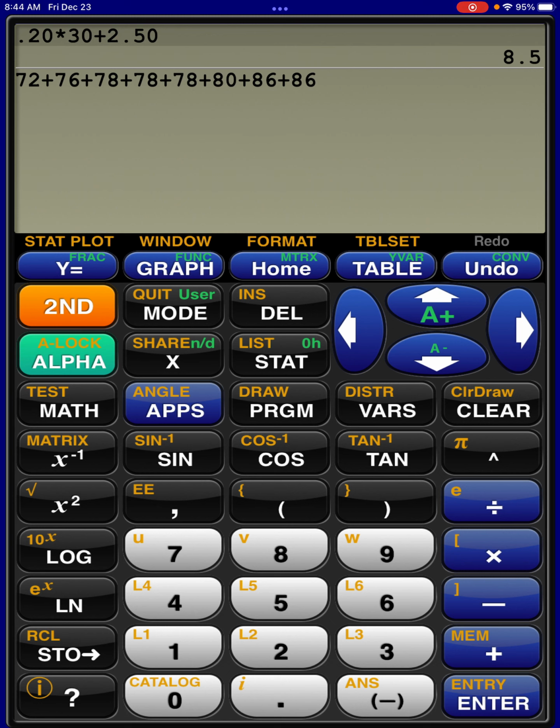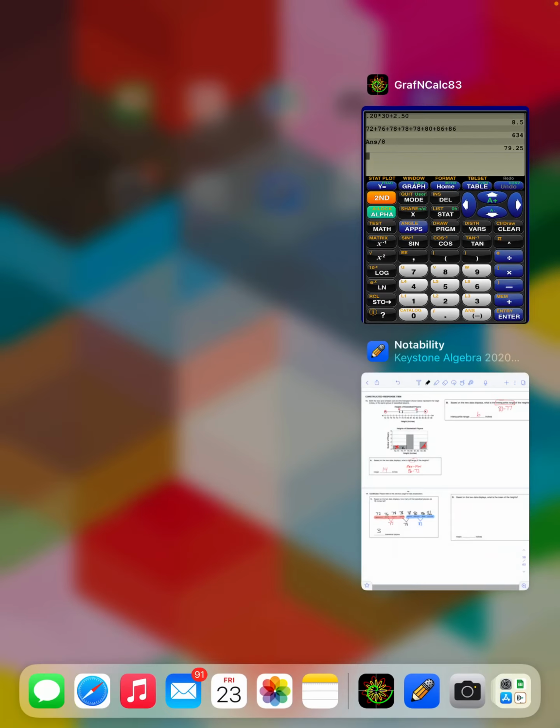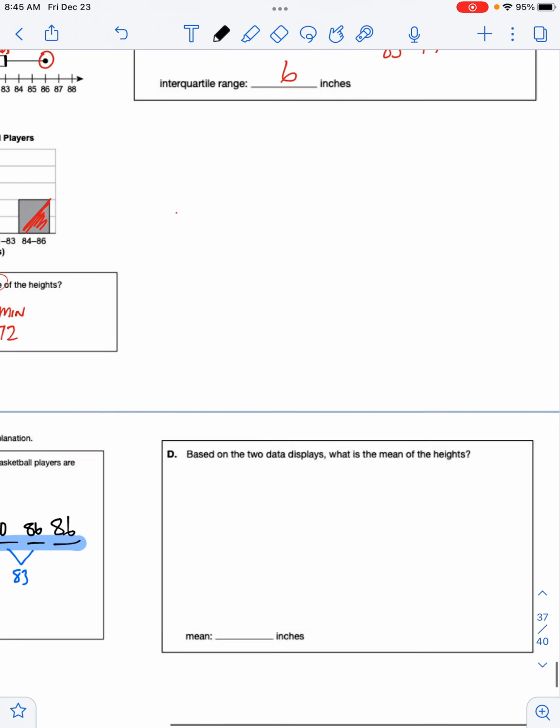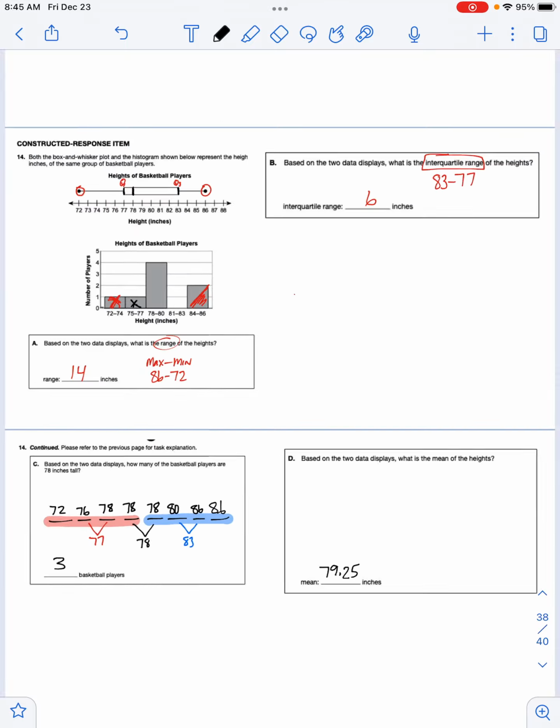Is that 8 numbers? 1, 2, 3, 4, 5, 6, 7, 8. Enter. Divide that by 8, and I'm going to get an average of 79.25. They don't give us any rounding rules here, so I would say just write it as it is. 79.25, and that's how you do number 14.